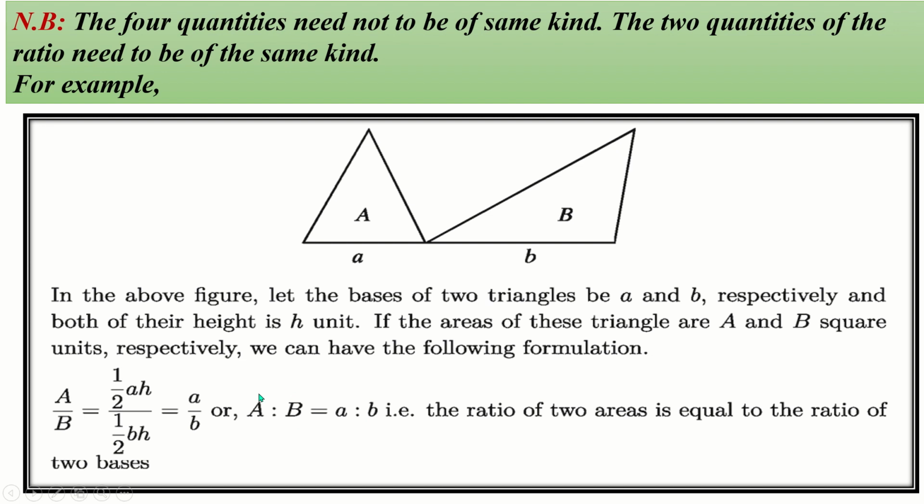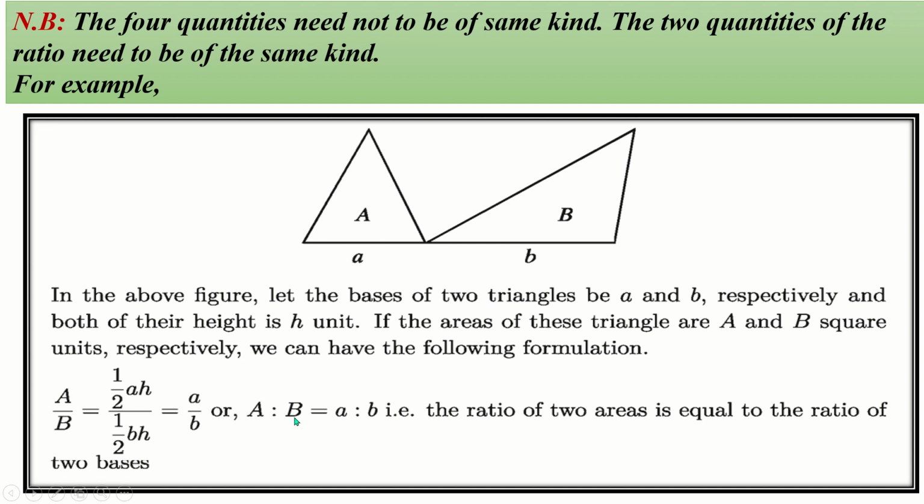Here for area, its unit is square unit. Also, for base or height, its unit is only unit, not square. That means on the left side A is to B, both are areas with square units, and on the right side the units are the same, and both are the same kind.